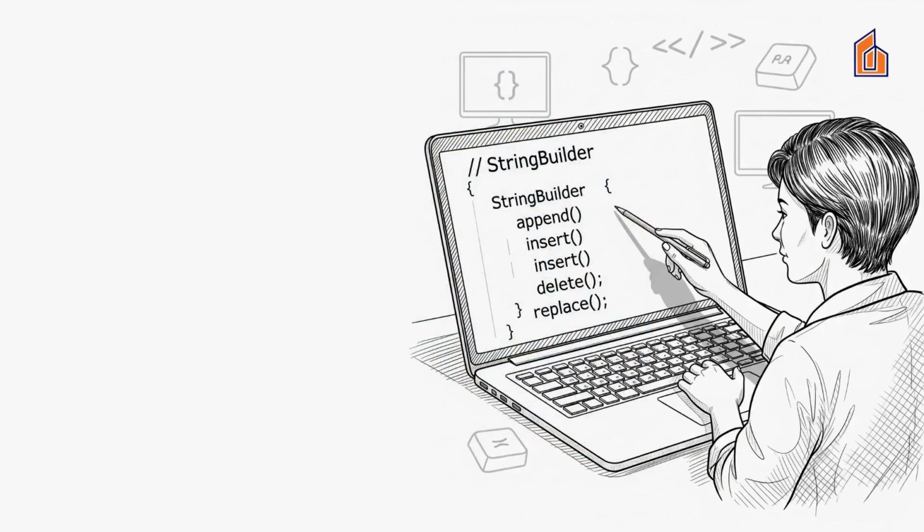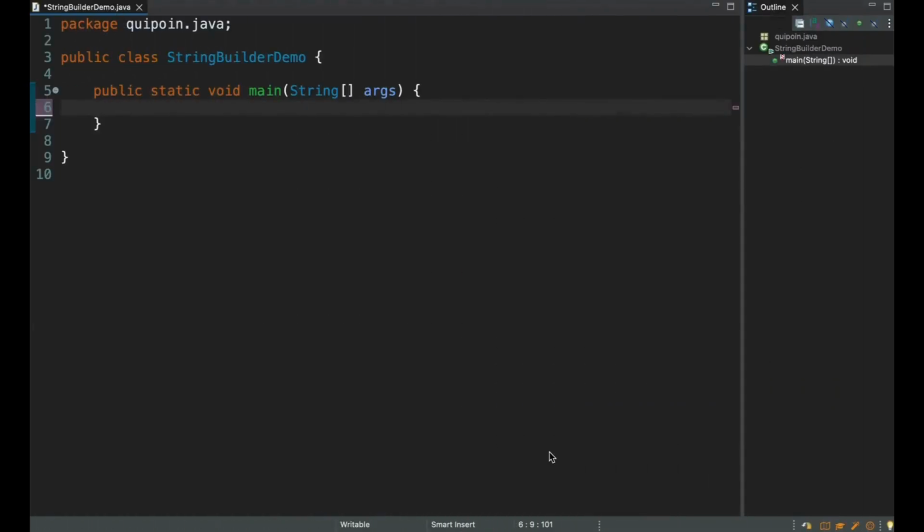So, let's see some code with important methods. Let's see some of the important methods of StringBuilder. So let's create a StringBuilder and let's write StringBuilder sb is equal to new StringBuilder, and then in parenthesis let's write "hello", and then let's put a semicolon.